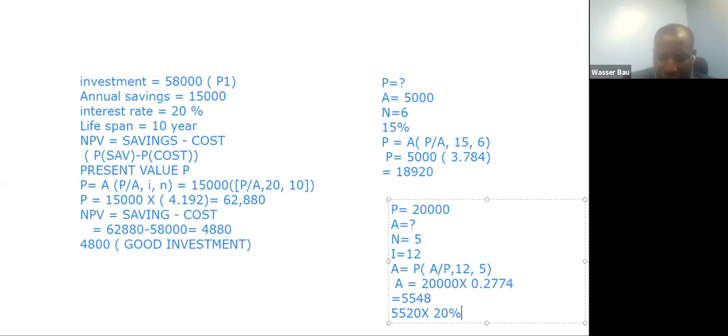This is the baseline energy we need to save to be able to recoup our money. So if I now multiply by 1.2, which we always do in engineering, I'll be getting something like 6624. Please, the question didn't ask me this one. The question stops here. I'm just digressing to show you another scenario, as a businessman, of what you should do.